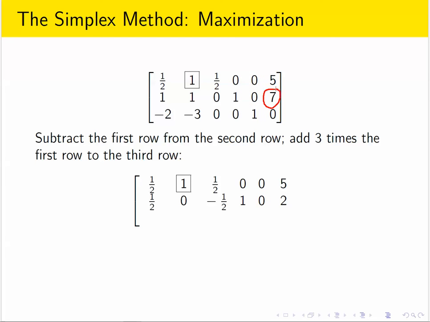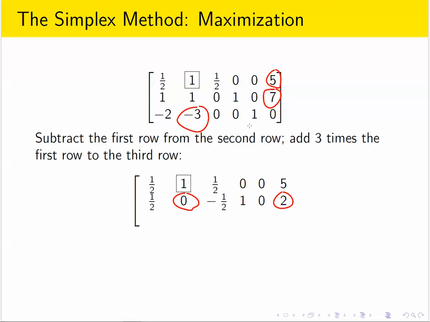And 7 minus 5 gives me 2. That's how I got my entire second row. And remember, the reason we subtracted the first row from the second row was entirely to make this entry a 0.